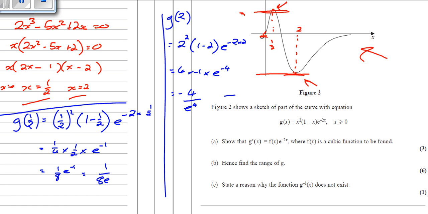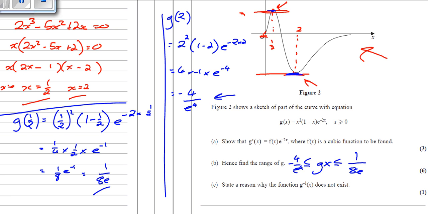So this is when x is 2, and that's going to be the least that y can be, and this here is the most that y can be. So we know the range of g, so we can say that g of x goes between minus 4 over e to the 4 and 1 over 8e.